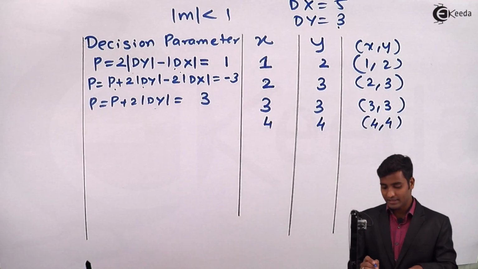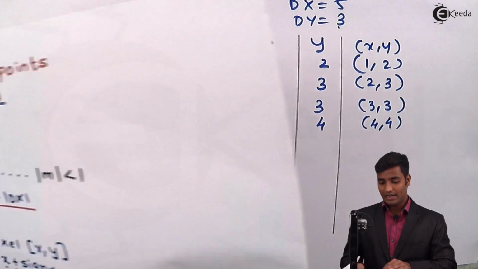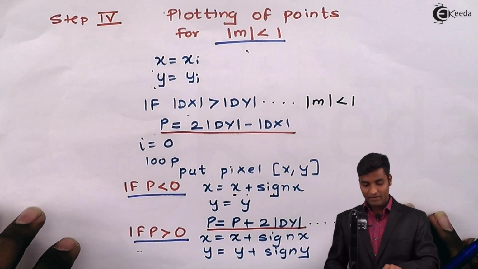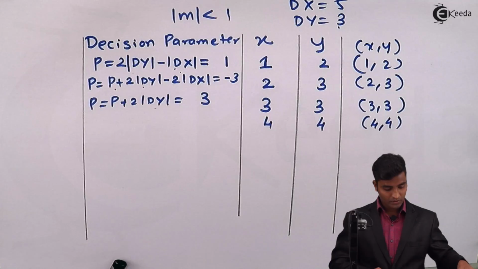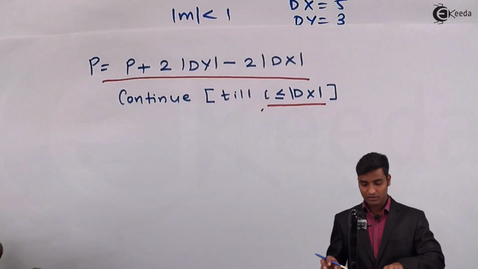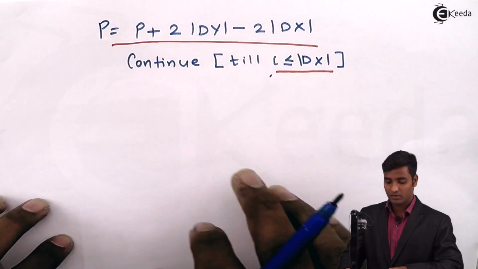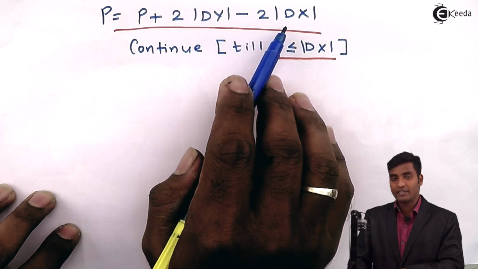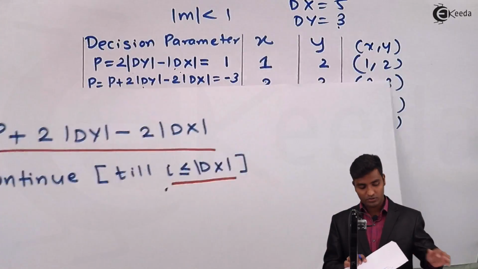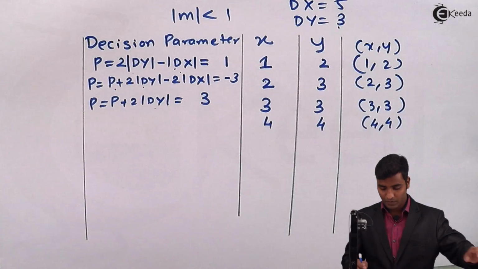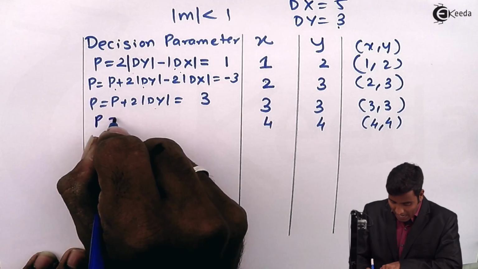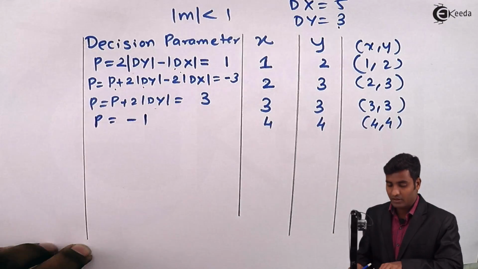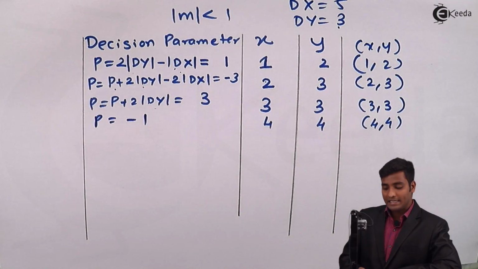Since the descent parameter has a positive value, I will use this relation of the descent parameter, it is p plus 2 dy minus 2 dx. After calculating, I get the value as minus 1, which means it is less than 0.